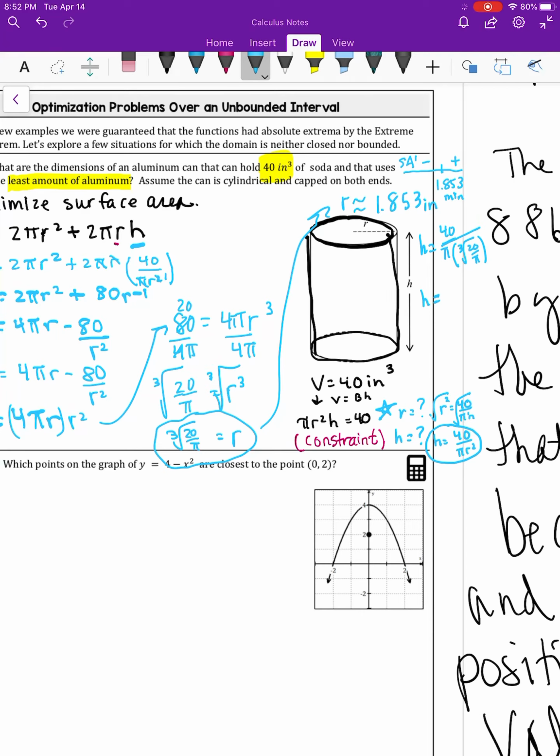So I went ahead and put my true answer for r in there, the cube root of 20 over pi. And then I put that in my calculator, and I got h to be approximately 3.707 inches.